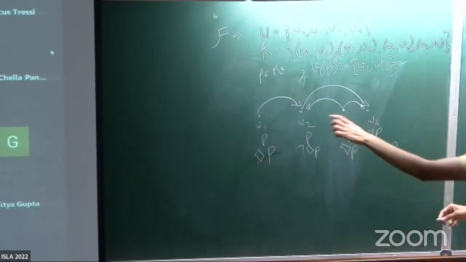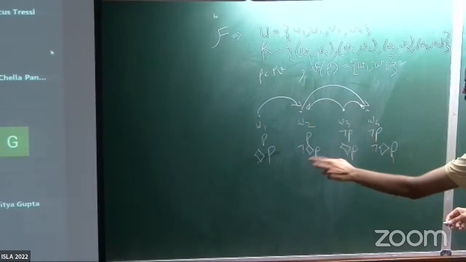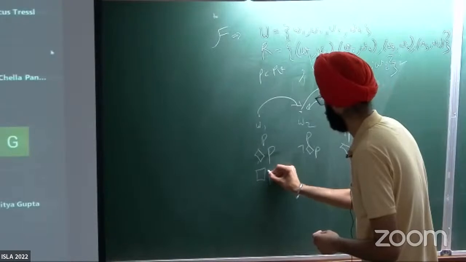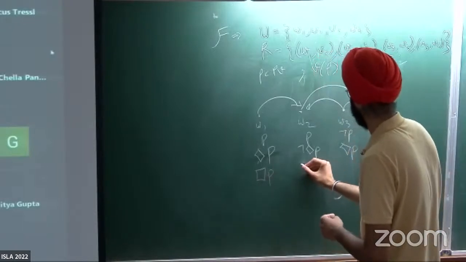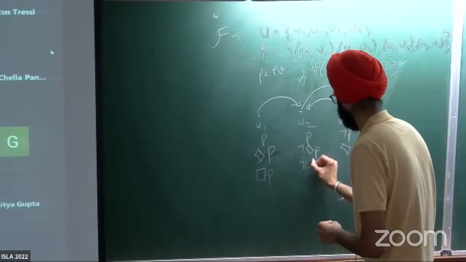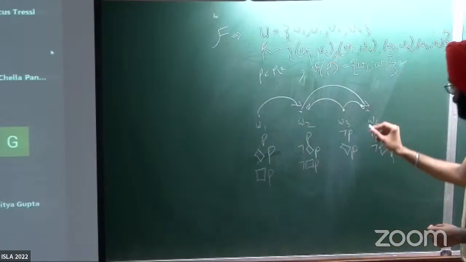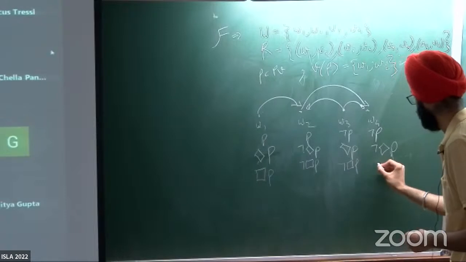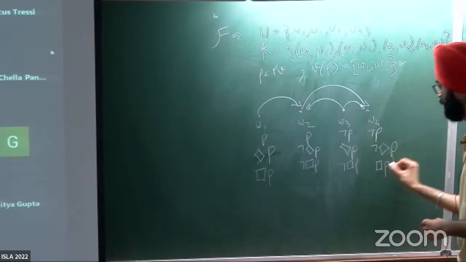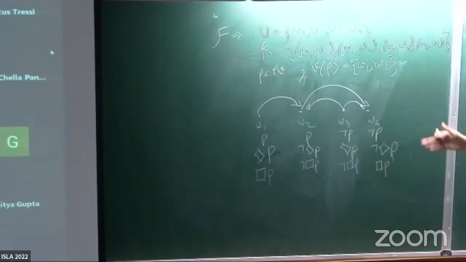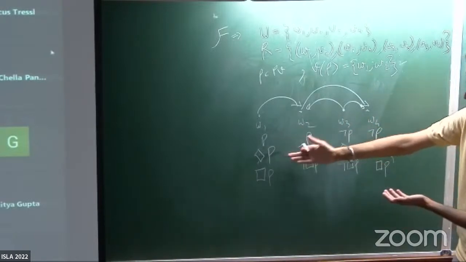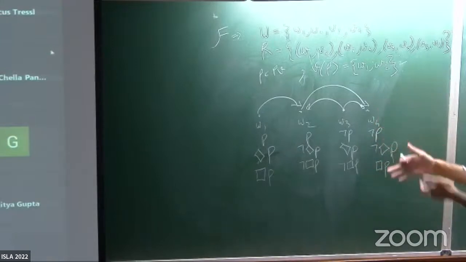And I hope it is seen how these are related and how they are not. And here box P is true, here box P is not true, here box P is not true, and here box P is true by vacuous argument. So in this case, we can clearly see how P can be true, but box P can be true or not true. I mean, different cases can exist at the same time.